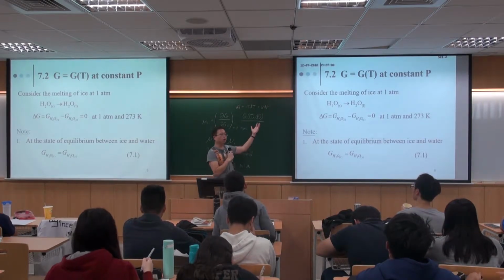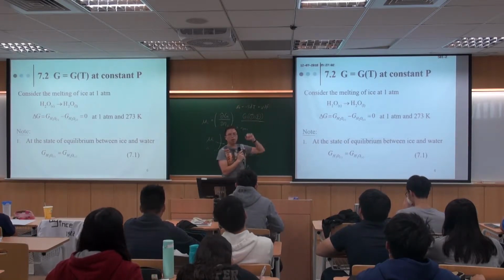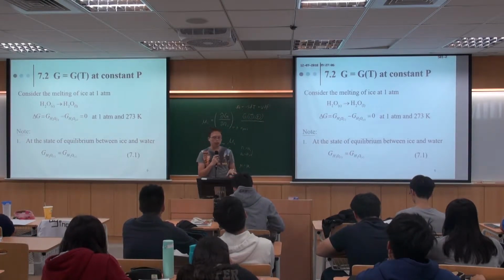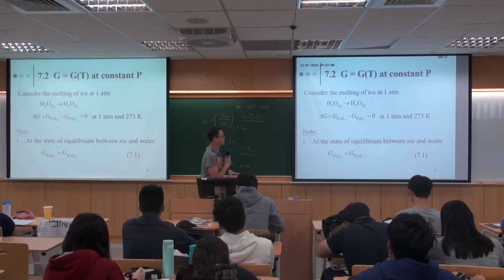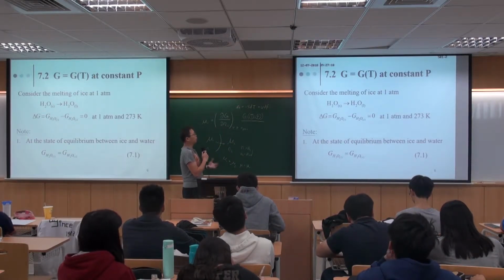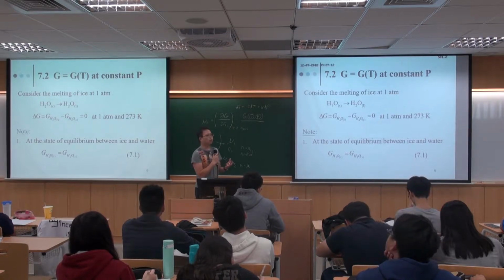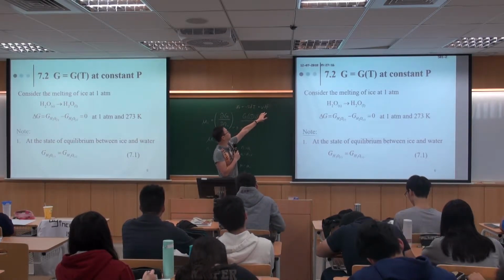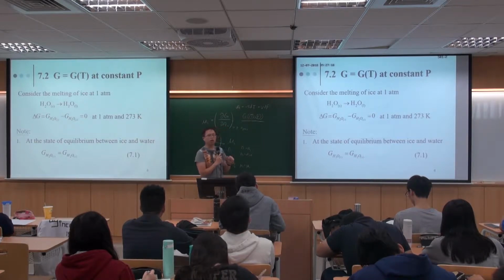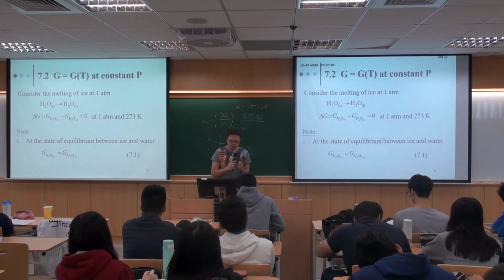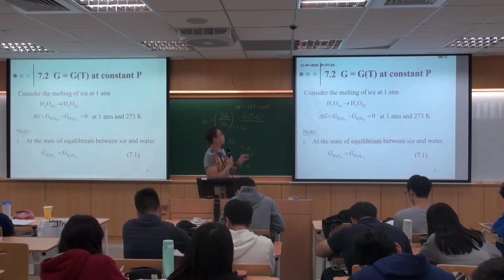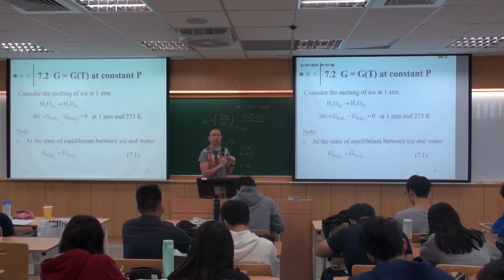If you ignore the chemical potential part, like what we're dealing with in this chapter, because it's a one component system, typically we only need to focus on just one species of materials. So we only have these two variables, which are temperature and pressure. And for the first scenario, we're going to look at the case of constant pressure.